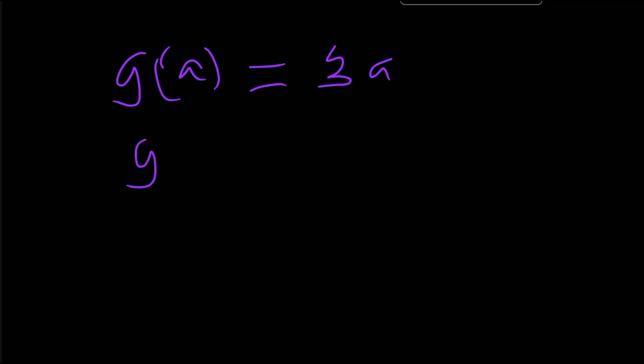Now that we've learned how to represent functions algebraically, we can look at more examples. Let's say a function with the name g defined on the variable a has the algebraic expression, or the rule, of 3 times a. Then we can say that if g takes an input of 2, it should produce an output of 3 times 2, which should give 6.